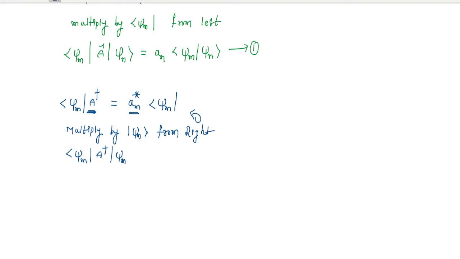This equals a_m star, a scalar, which we can write outside this operation, times the inner product of psi_m with psi_n on the right side of this equation. This is equation number 2.